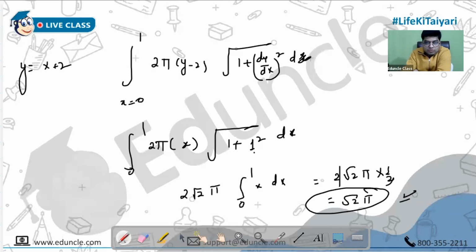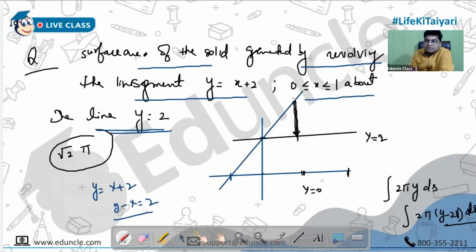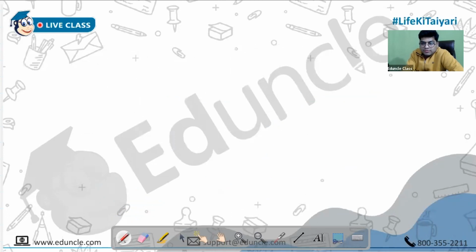The next problem is, is it clear about any line? About any line is also clear. Yes or no? We are revolving about the line y equals 2 instead of the x-axis.